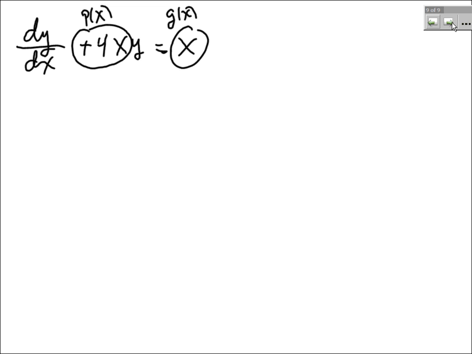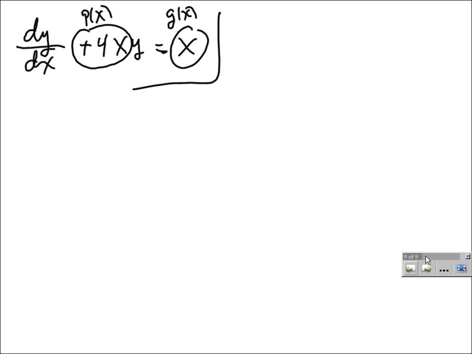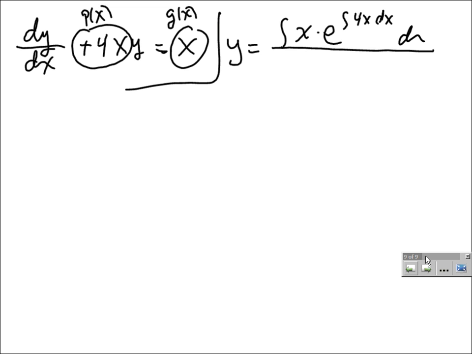Okay, we know that y is equal to the integral of g of x times e to the integral of p of x dx, divided by e to the integral of p of x, which is 4x dx.